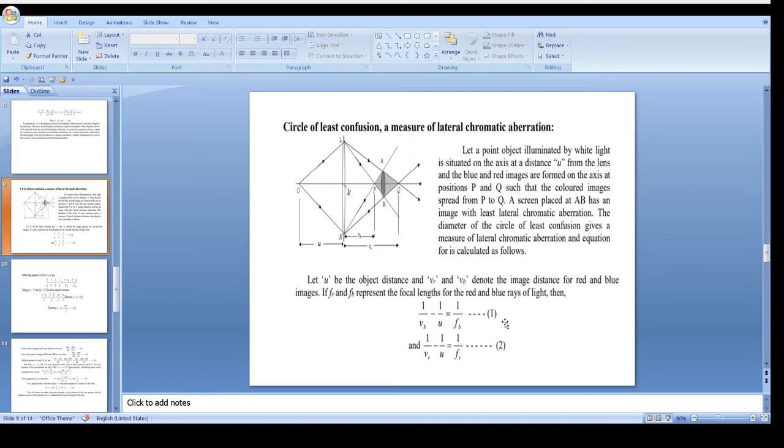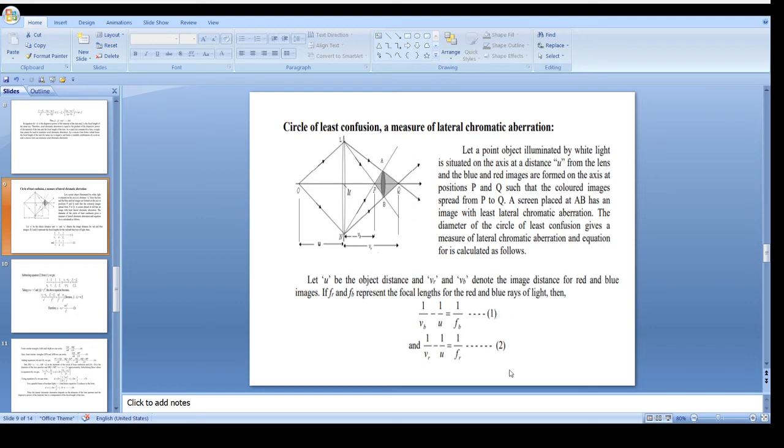This is the first equation. 1 divided by VR minus 1 divided by U equals 1 divided by FR. The light passed through the lens nearer is the blue color, and Q is the red color light.